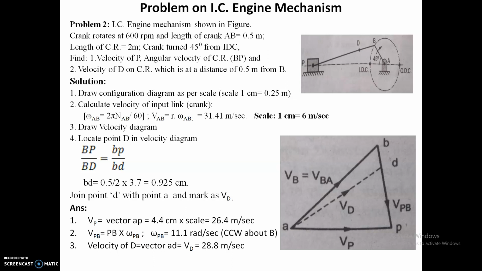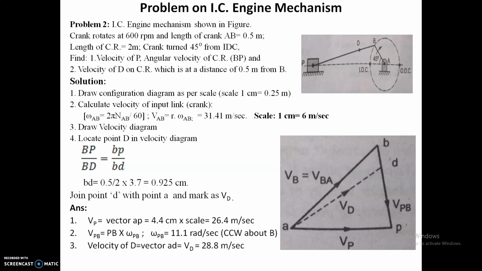So after finding the magnitude as well as the direction for the crank, the next link is the connecting rod, that is BP. So how to determine the velocity of link BP? Again, you don't know the magnitude because the omega for the connecting rod is not given, but you know the direction.